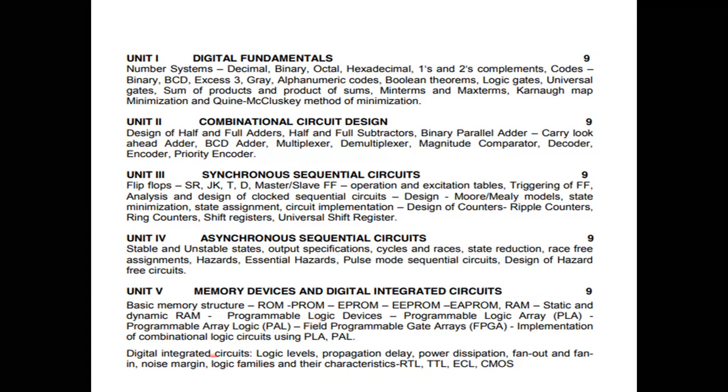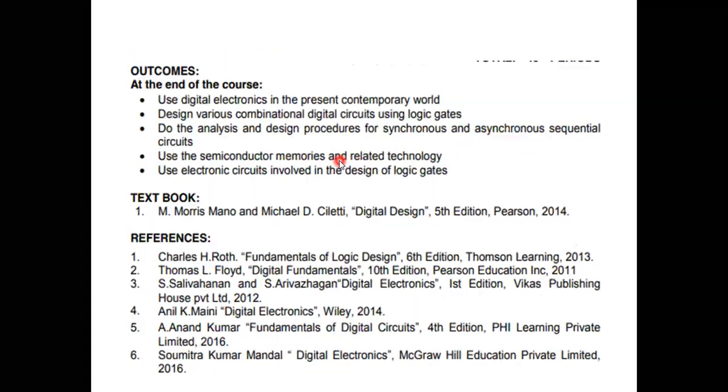And in the second part, we will see digital integrated circuits, so how various digital integrated circuits can be formed with different types of logic families. How you can define the logic levels, propagation delay, power dissipation, fan in, fan out, noise margin for the case of various families like RTL, TTL, ECL and CMOS families.